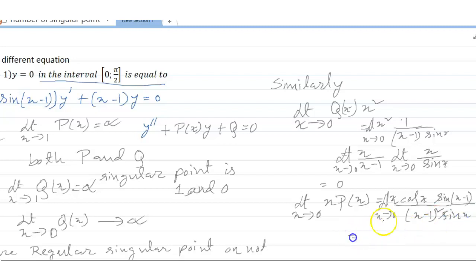This value is 1 and another value is 1 into sin(minus 1), that is minus sin 1. So this is also finite. So I have two regular singular points, 0 and 1, which belong to 0 comma pi by 2. So this value is equal to 2.